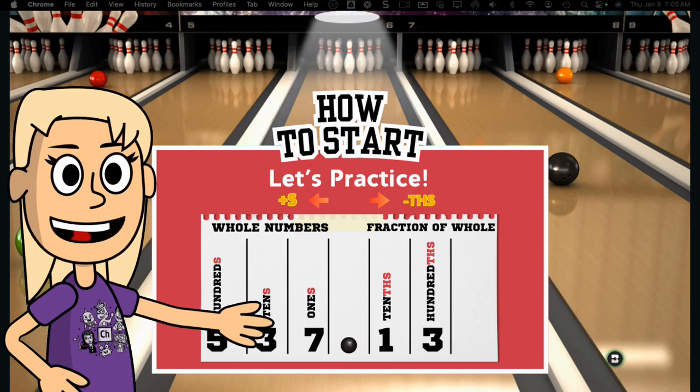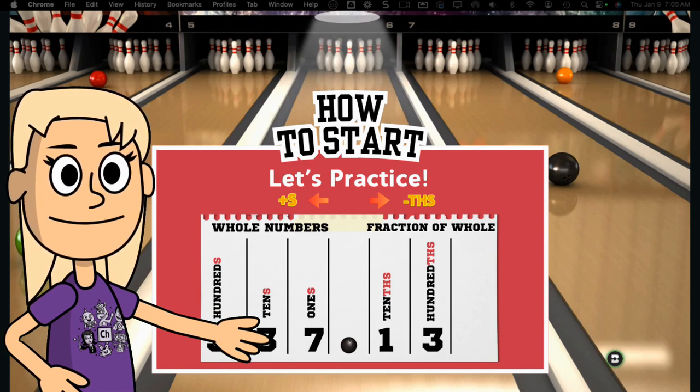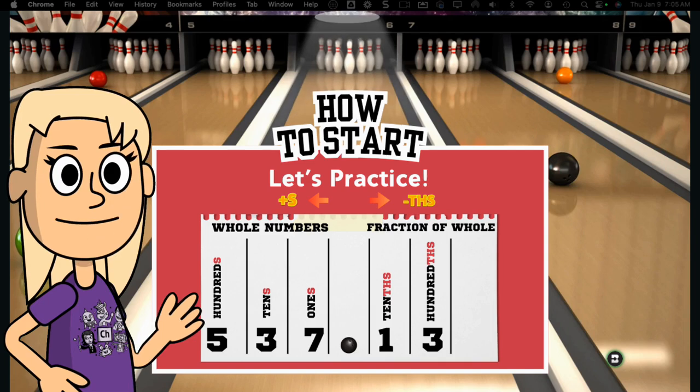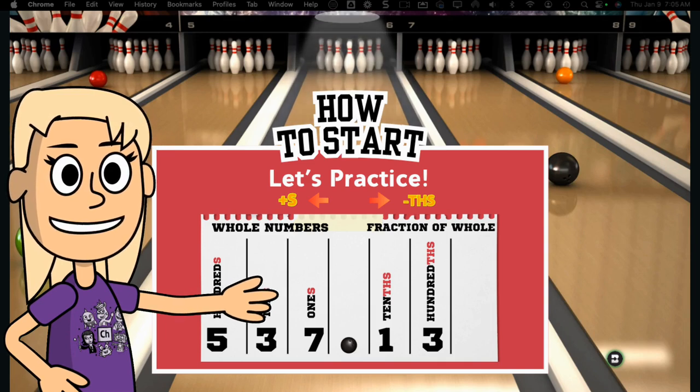And then the less than a fraction on the other side of the point, 1 tenth and 13 hundredths. So that should give you some idea of how to get started. Remember, everything on this side ends in the letter S, and everything on the other side ends in THS.